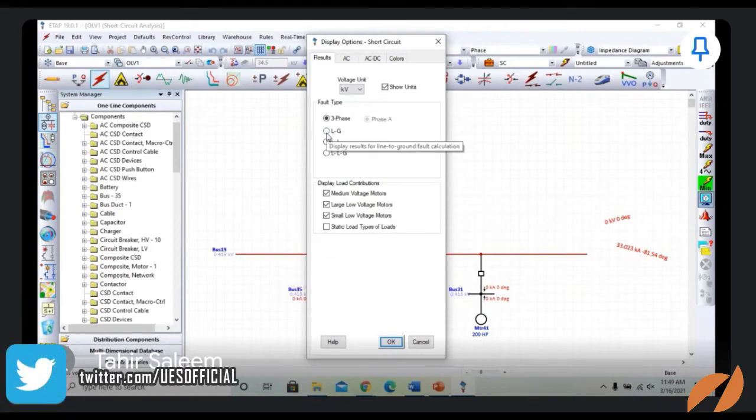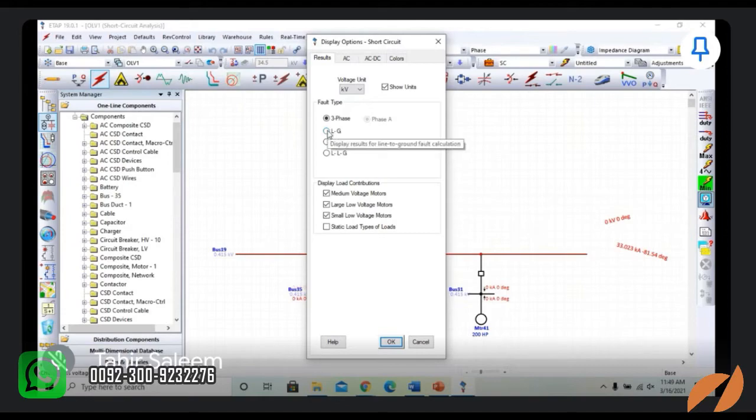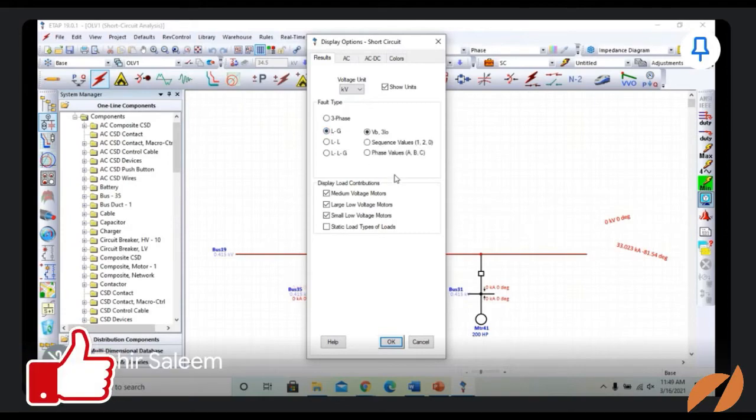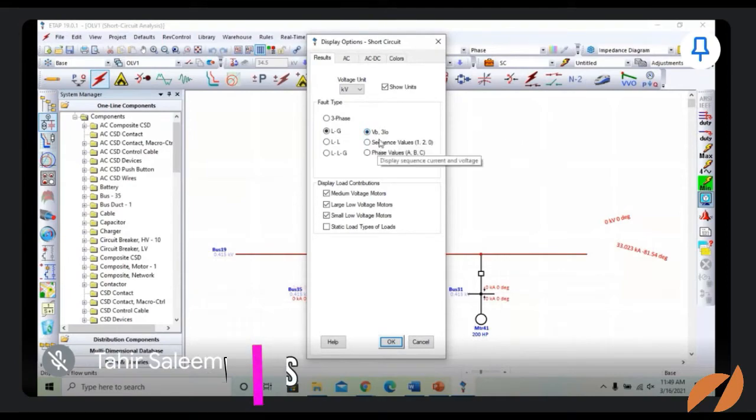For example, now we have parameters according to the three phase voltage fault, that is the symmetrical fault. Now if we change this to single line to ground fault, it will have different options here, such as VB, or it displays the phase A voltage and zero sequence voltage, and zero sequence current.